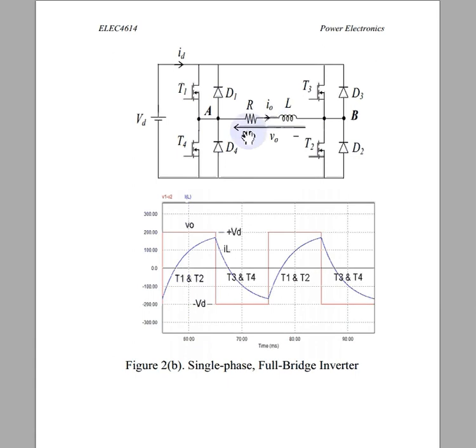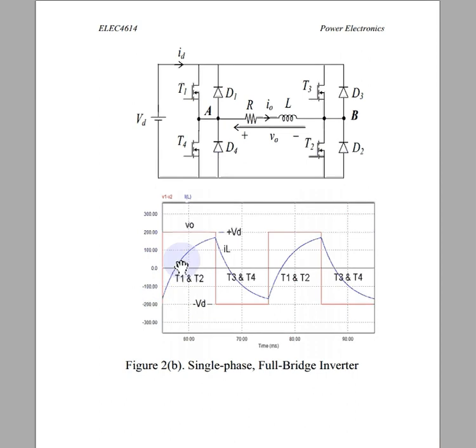Similarly here, if L is charged, then current will flow through diodes D1 and D2 in this fashion. From negative to 0, D1 and D2 will conduct, from 0 to positive, T1 and T2 conduct, then again from positive to 0, D3 and D4 will conduct.